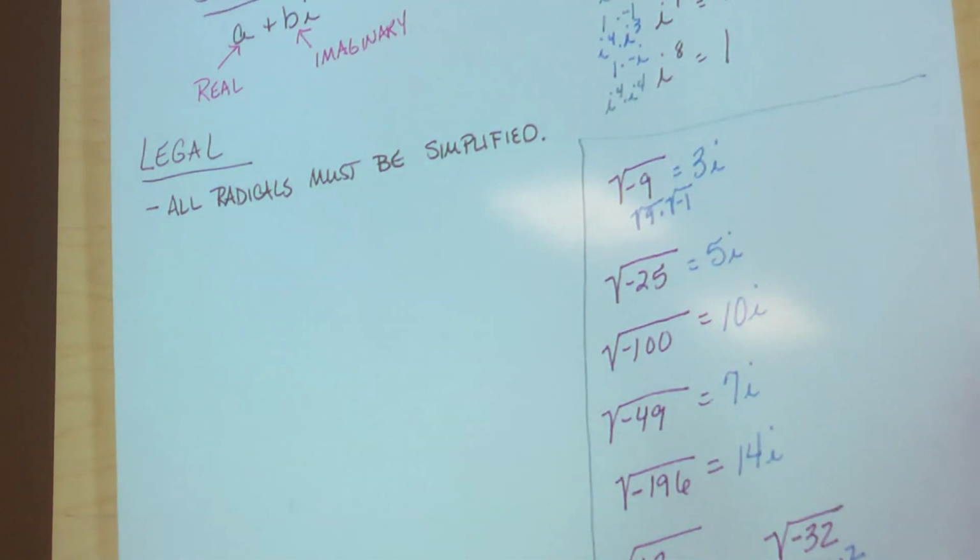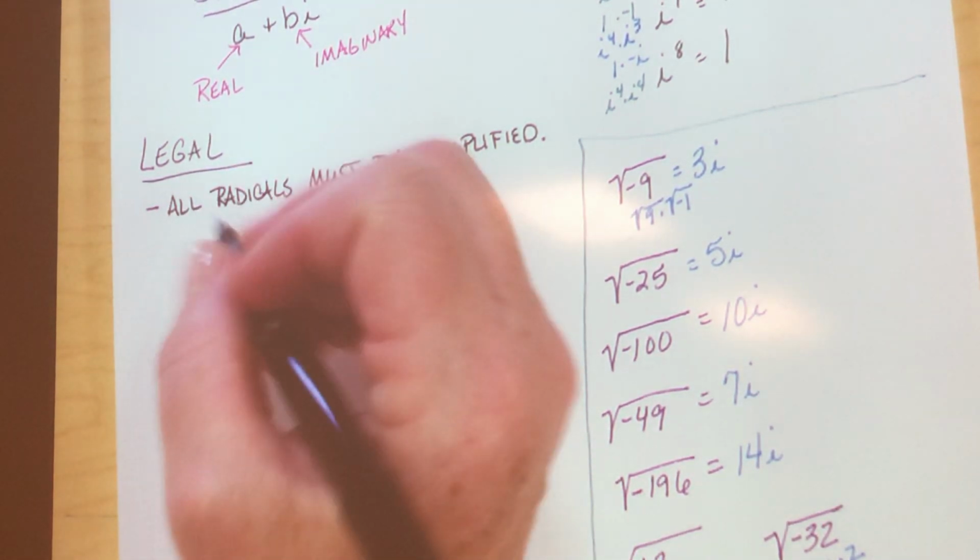Okay, all radicals must be simplified. That means on that worksheet 4.5, I saw some kids left the square root of 12 under the radical. Like, come on, people, that's not simplified. Wrong.